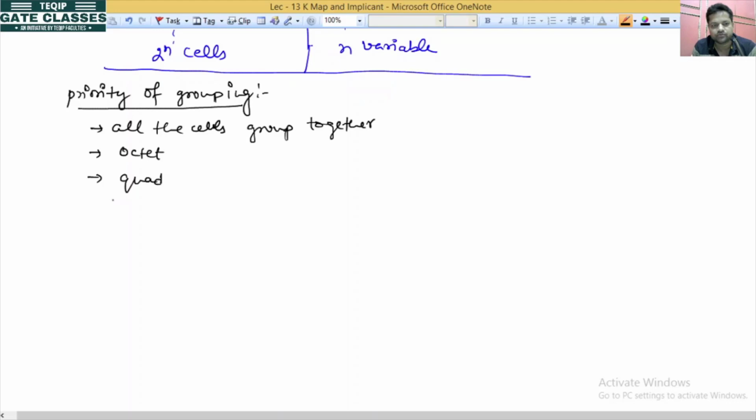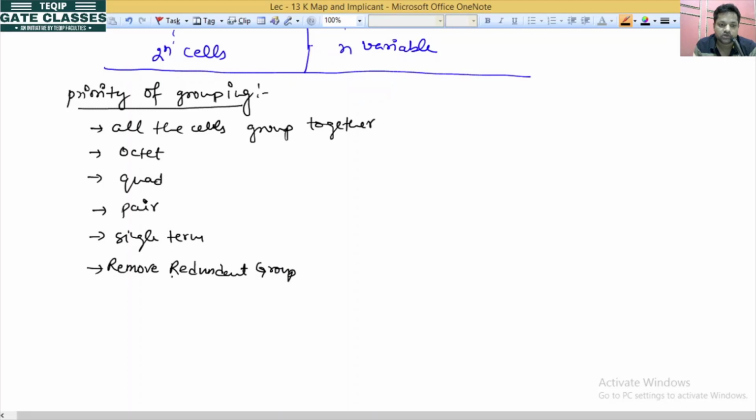So the maximum possible grouping we will form first, then we move for pair. If nothing is there, then we move for singleton, and at last we have to remove redundant groups. After making that, we have to remove redundant groups.